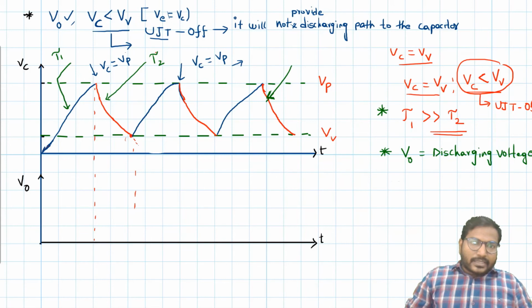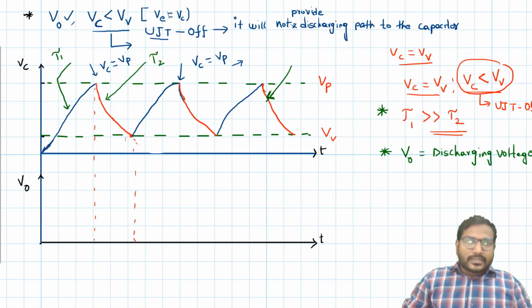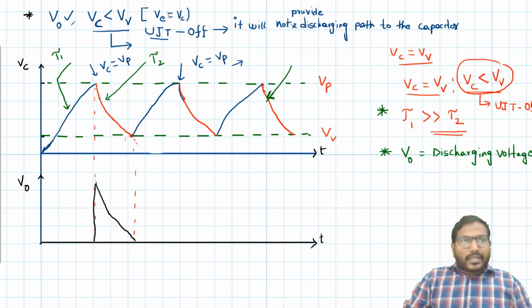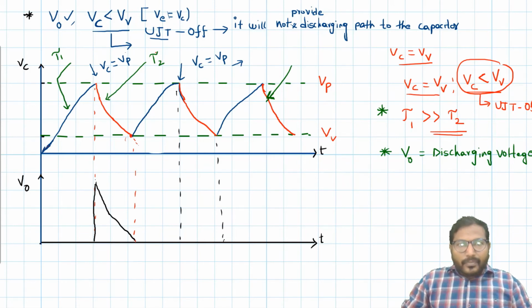So make dotted lines and simply draw that part of the voltage. The discharging voltage appears across R1, acting as V0. This is the voltage, and in the same manner you can draw the second pulse here. This is the periodic waveform, the same shape will repeat.